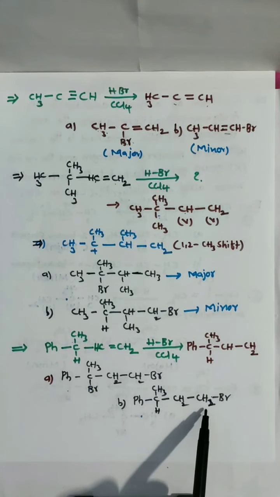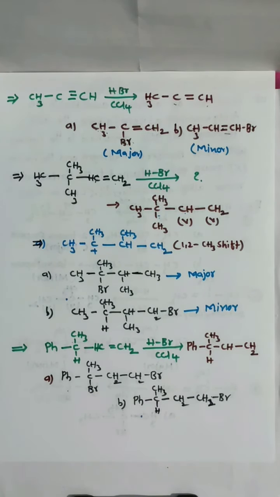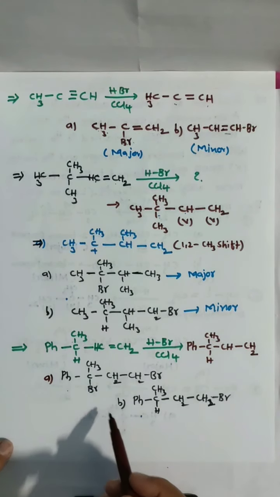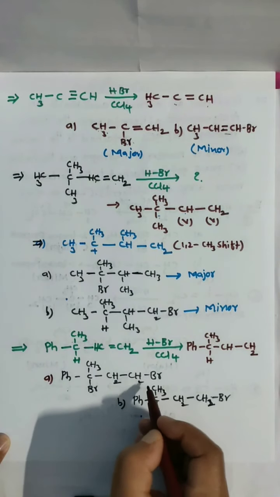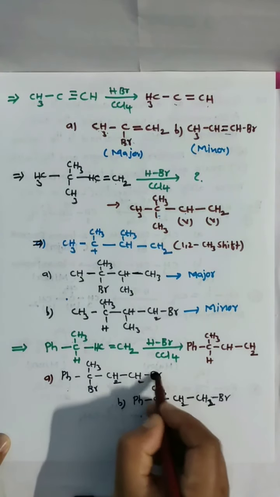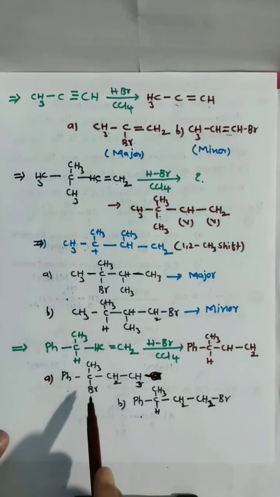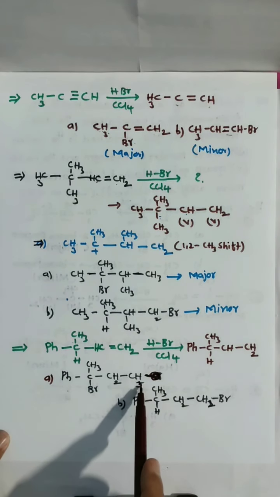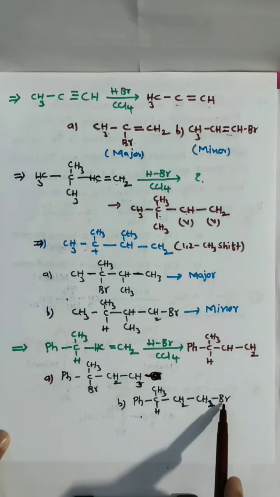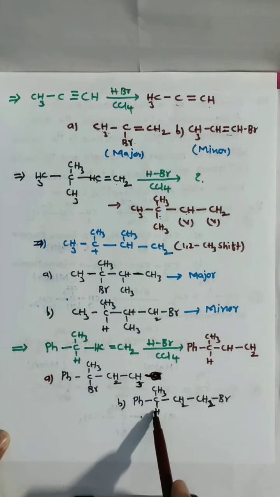Clear? So where the carbon with the halogen atom has more substituents, here CH3. Clear? Here bromine is attached, here hydrogen is attached; this time here bromine is attached, here hydrogen is attached.